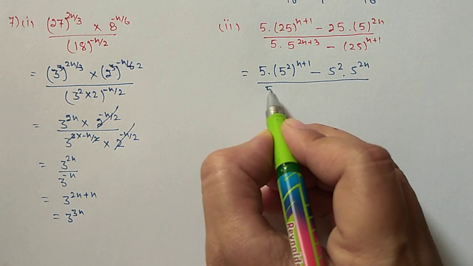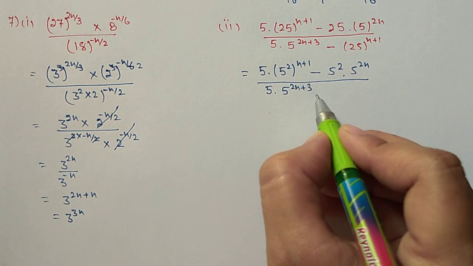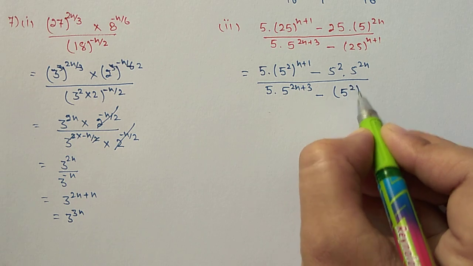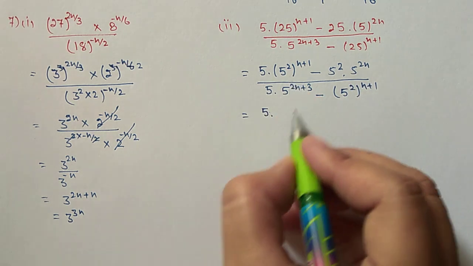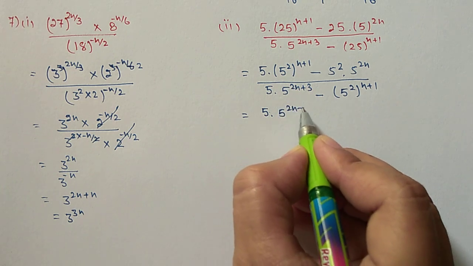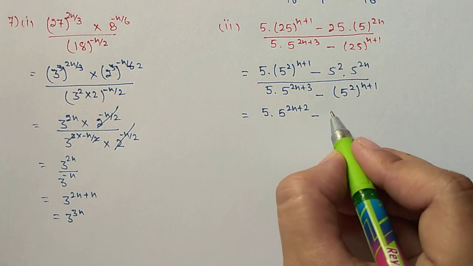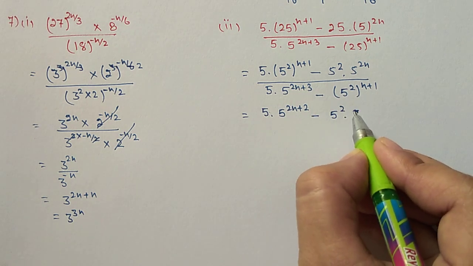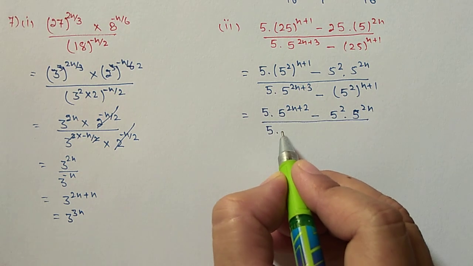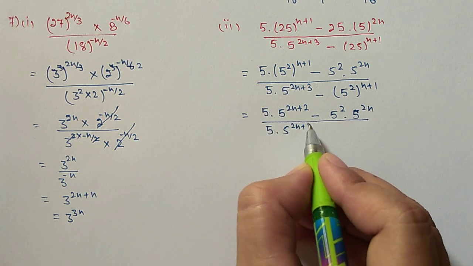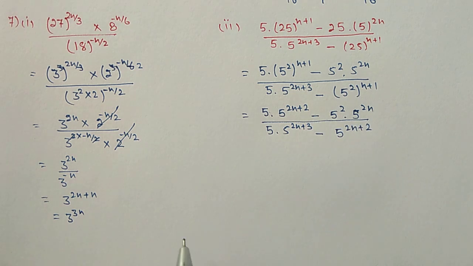Denominator: 5, and this we can write as it is, 5 to the power 2n plus 3 minus 5 to the power 2 whole to the power n plus 1. So it is 5, and we can write it as 5 to the power 2n plus 2. This 2 we have to multiply with this. Here 5 to the power 2, 5 to the power 2n, denominator 5 to the power 2n plus 3 and this 5 as it is, minus 5 to the power 2n plus 2.